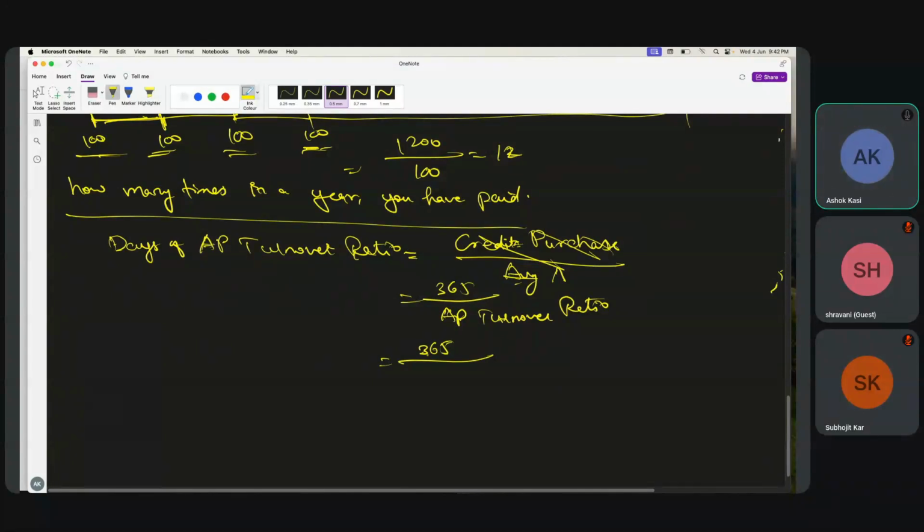The accounts payable turnover ratio is 12. So that means after every 30 days you are making the payment.